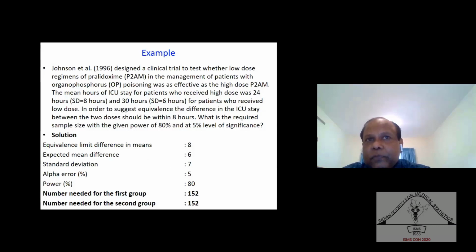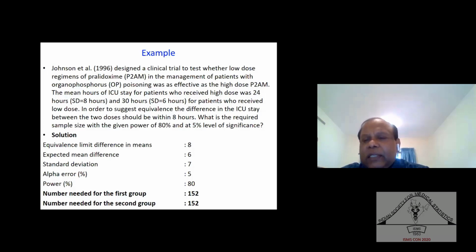For example, in a study where the mortality is 15%, you want to bring in another arm and you say the mortality should be 10%. So 10% is much lower than 15%. This is called a superiority trial. One is better than the other. The new intervention reduces the mortality by 5%.